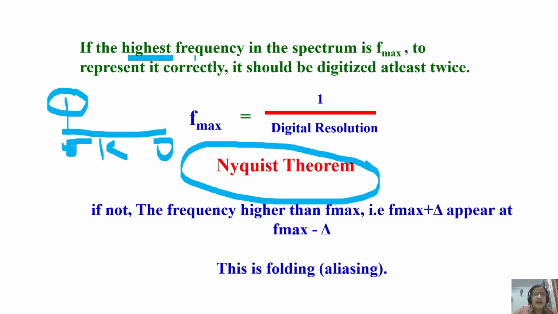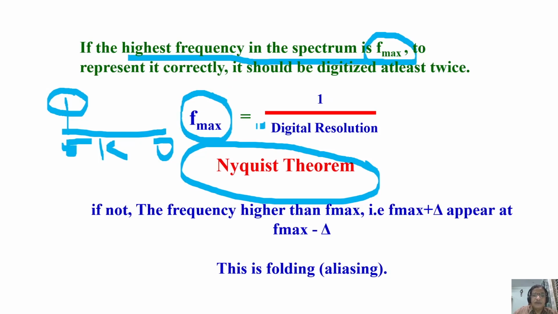If the highest frequency in the spectrum is F maximum, and I have to represent it correctly, and not only that, all the frequencies lower than that will be represented correctly, then digitization should be such that F maximum should be at least equal to 1/2 times the digital resolution.